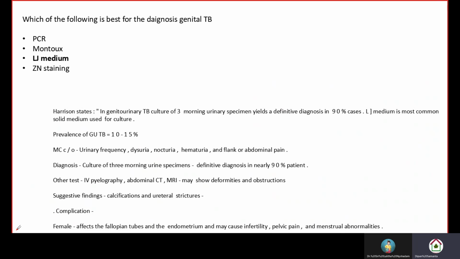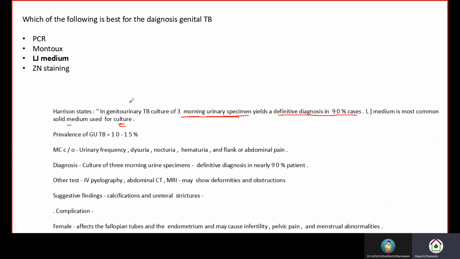As per Harrison, in genitourinary TB, culture of three morning urinary specimens yields a definitive diagnosis in 90% of cases. LJ medium is the most common solid medium used for this culture.